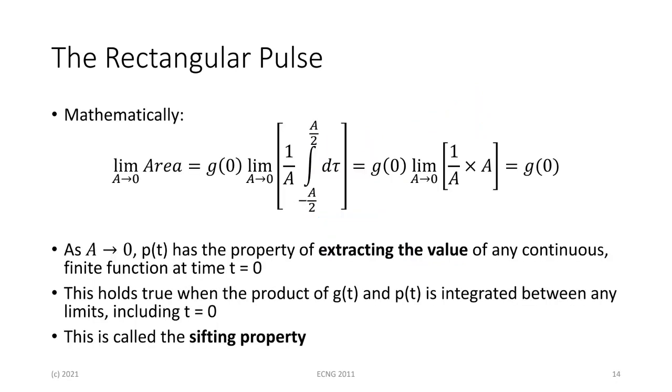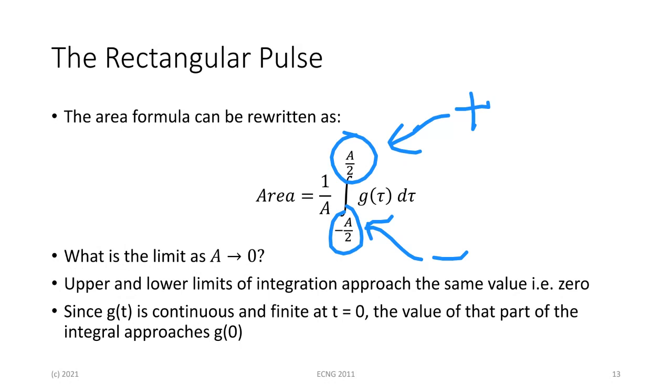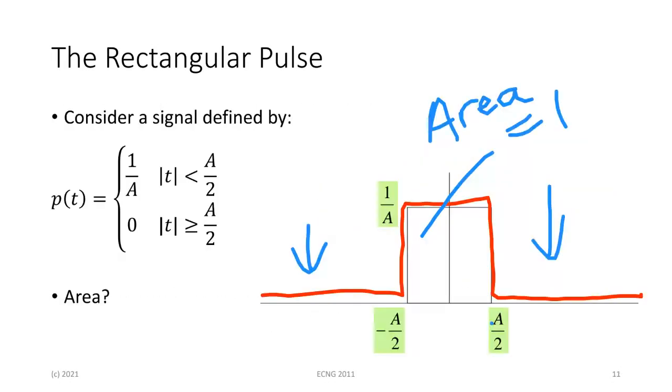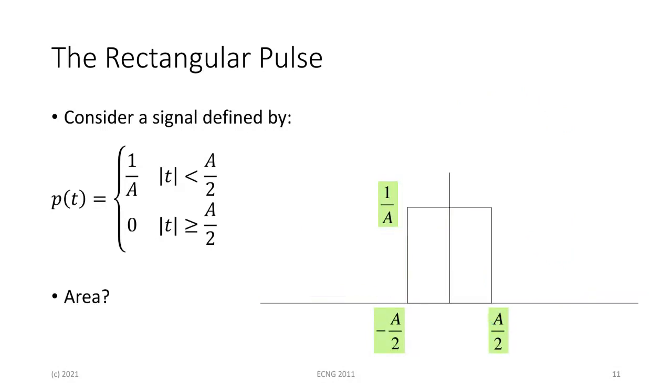So in fancy language, which is what you would have learned way back when you were starting to do calculus, mathematically now, the limit of the area as A gets to 0. Basically, what am I doing when I say A gets to 0? What is that doing to the pulse? If A gets to 0, the pulse is starting to do this.